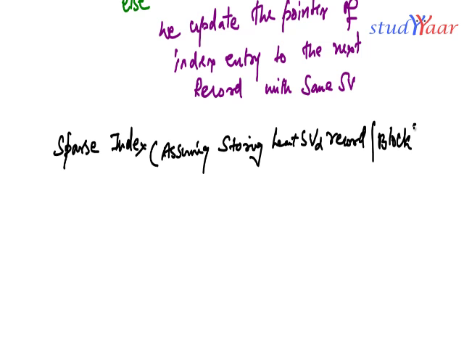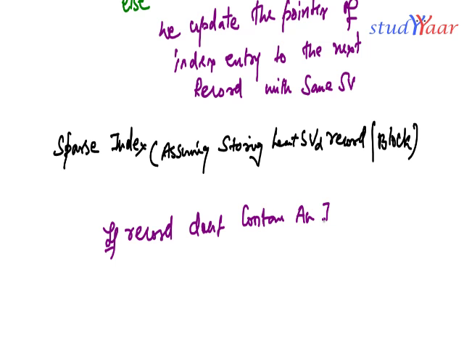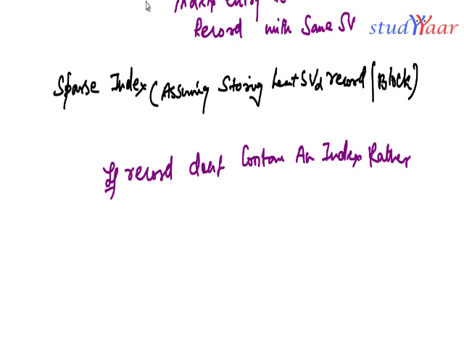Okay, so we have two cases. If the record doesn't contain an index entry, then do nothing, just simply delete the record from the file, right?